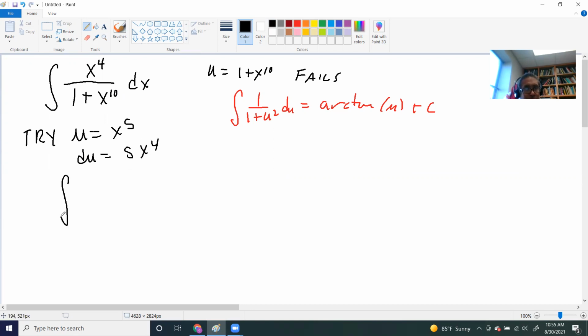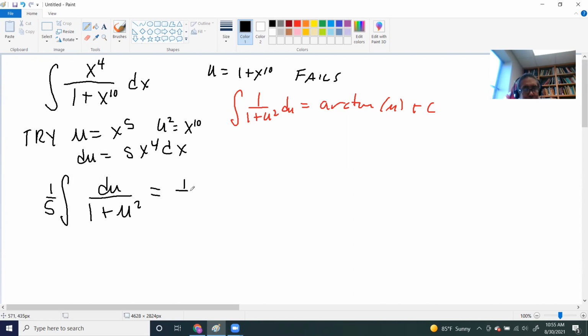So this integral now is transformed into, dx, of course, 1/5, because of that 5 here. This is a du. And now we're at 1 plus u squared, because u squared would be x to the 10th.